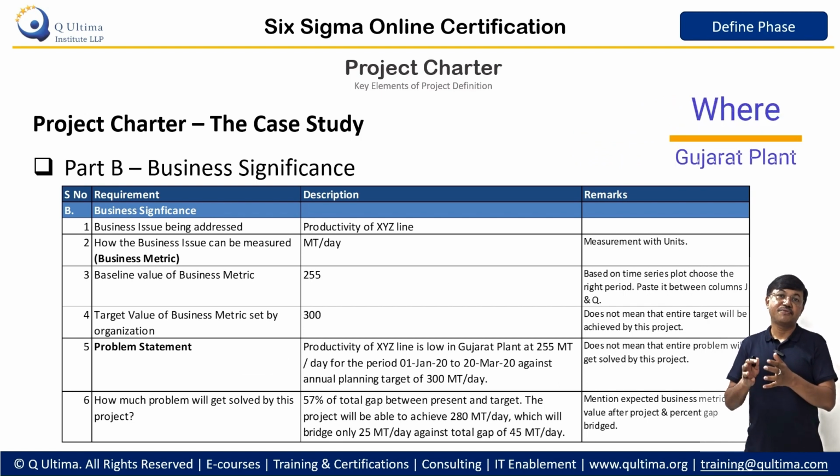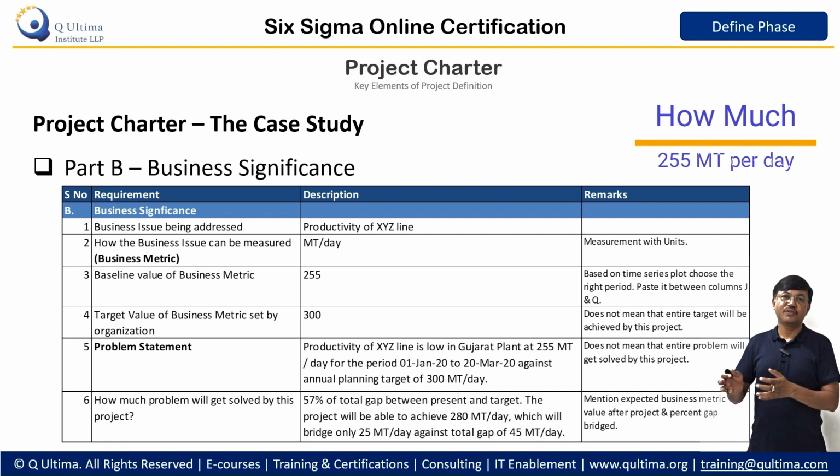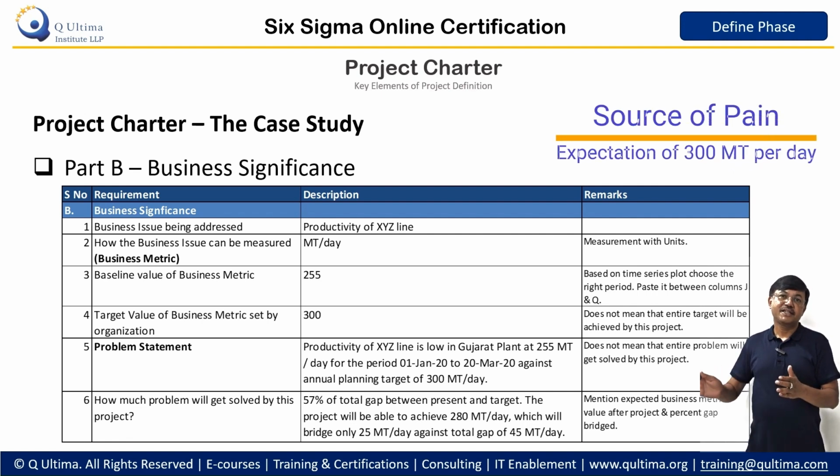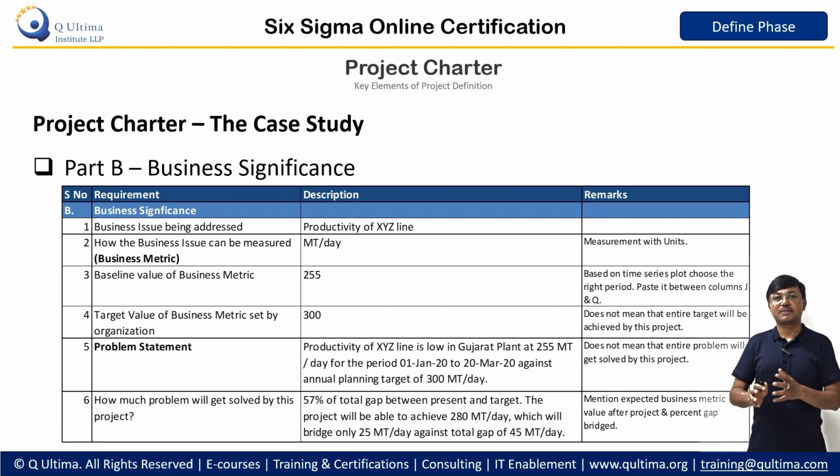It is in a specific plant where the production is low and where we feel that if it is increased, it will help us. And how much? We know it is 255 at present. And what is the source of pain? The pain is that the demand is much more than what we are able to produce, which is about 300. So this constitutes the problem statement.